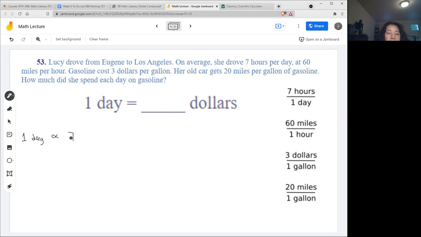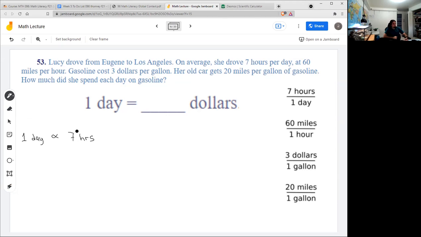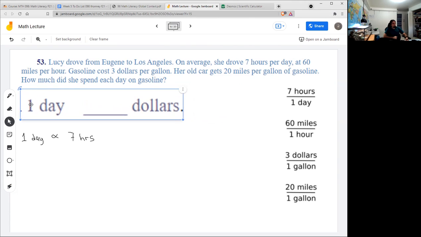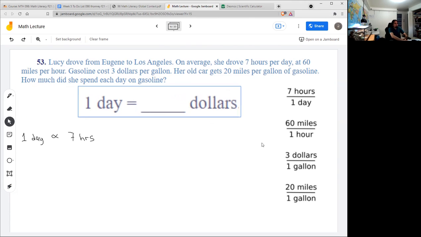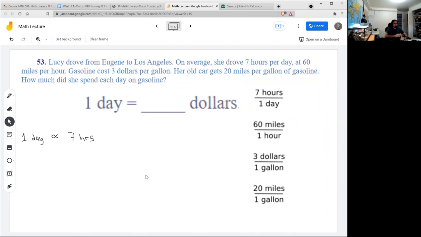One day goes with 7 hours. Okay, now, whoops. I want to keep going. So I've used up this one, it's done. 7 hours goes with, only one more of these that I haven't used has hours in it.